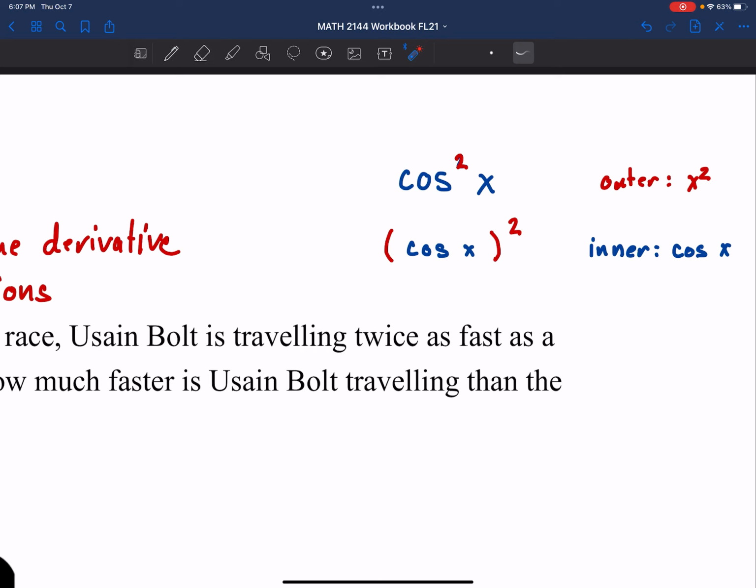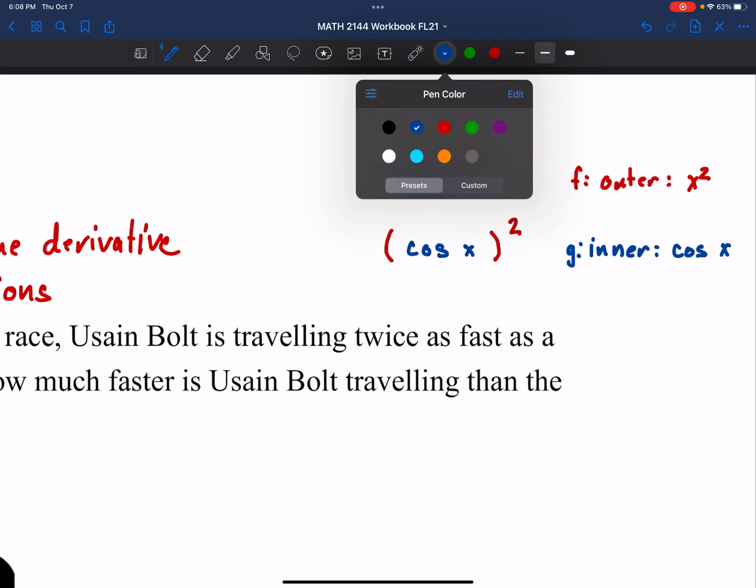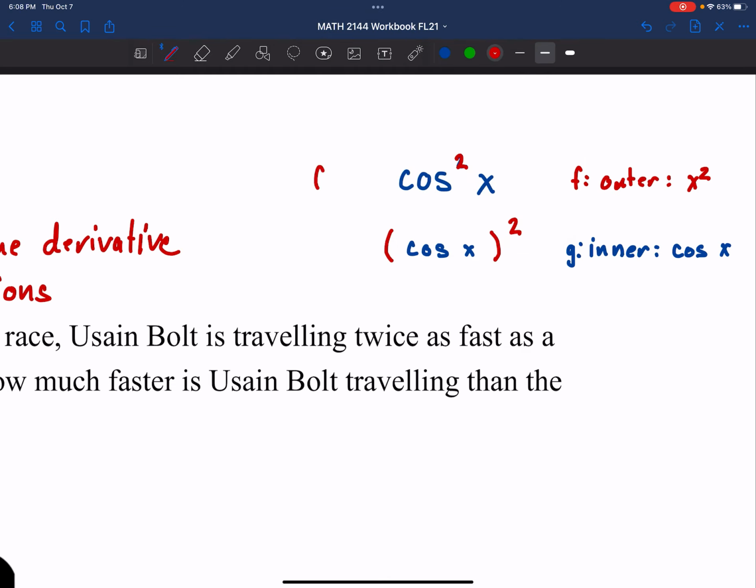And then again, remember the composite. If we were to think about this in terms of, let's say, f and g, the outer is going to be f, and then the inner will be g. What we have right here is that the outer function comes first in our composite notation. So this is just going to be f of g of x.